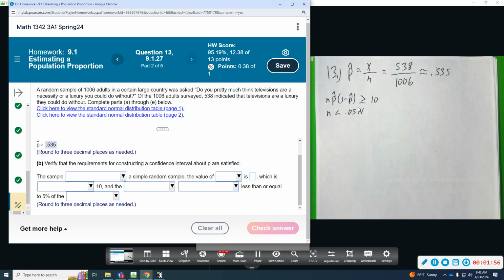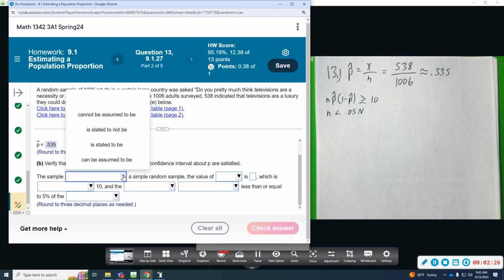One verifies that it's a random sample, the other verifies independence because we didn't sample too many people. Up here it says a random sample, so it tells us that for sure. It says a large country. We don't know the population size, but we're going to assume it's pretty big and that n is smaller than 5% of it.